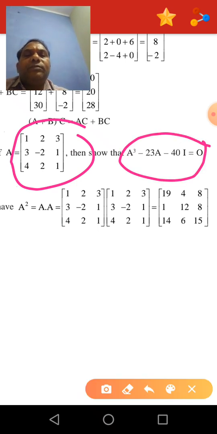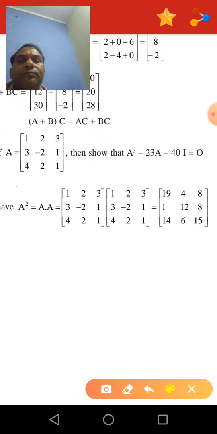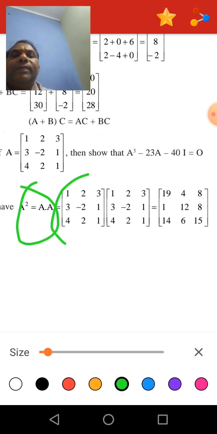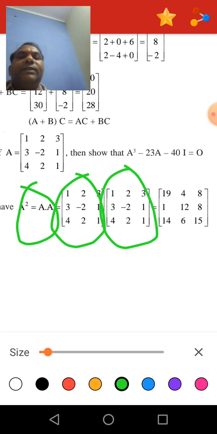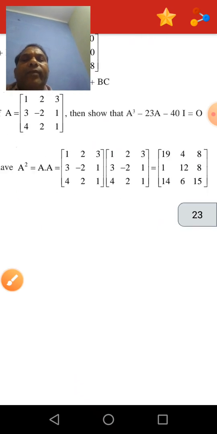Now in this question, firstly we have to find A square. A square will be equal to A into A, meaning matrix A into matrix A. Now you can multiply, then you can find A square. After finding A square, find A cube.